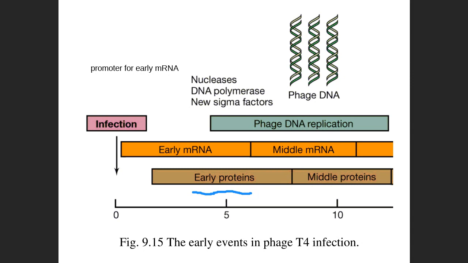Why do they do that? That's because they need the nucleotides to make phage DNA, right? To make phage DNA, they need DNA polymerase. So the nuclease cuts the host chromosome into pieces, and then produces lots of nucleotides.